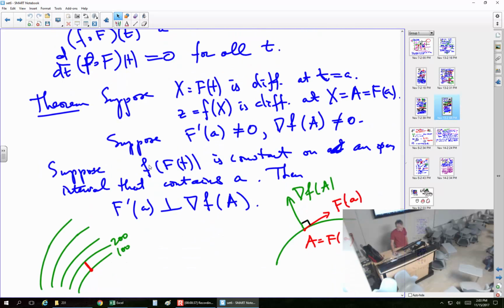Take a look at it. Well, you can see level curves aren't even mentioned. So, do you see the difference? Here.